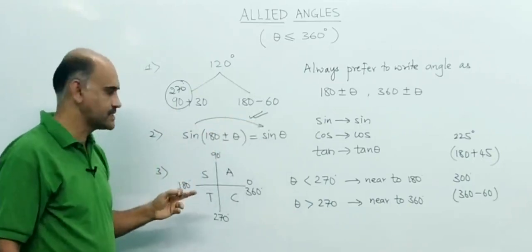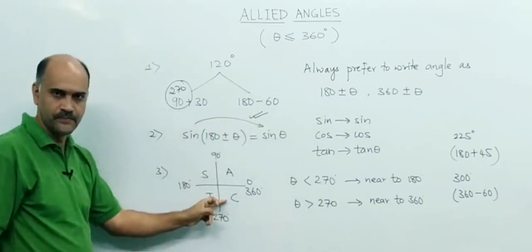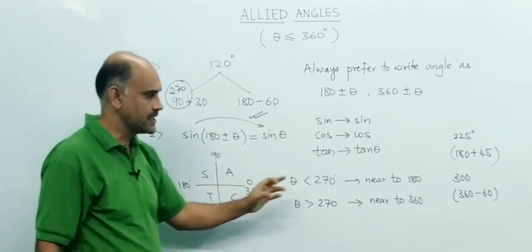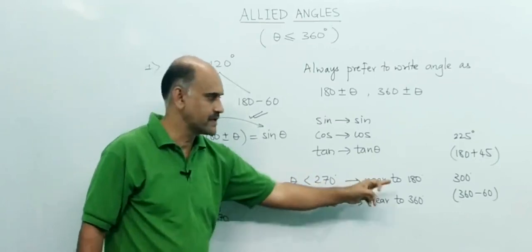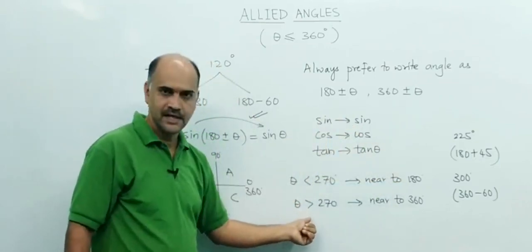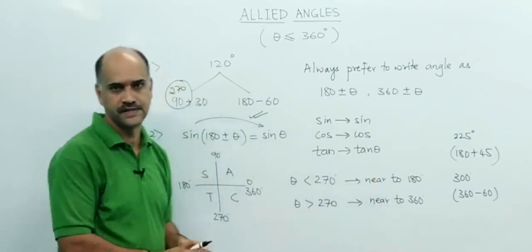Then whether the answer is plus or minus depends upon the ASTC rule. So these are the 3 steps. For your ease, if the angle is less than 270, it is near to 180, use 180 plus or minus. If the angle is greater than 270, it is near to 360.